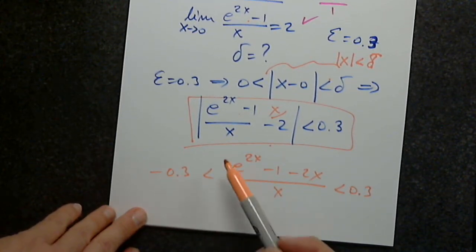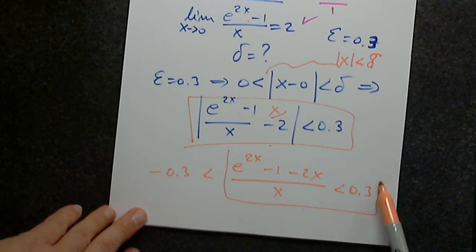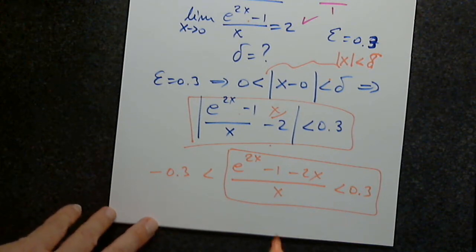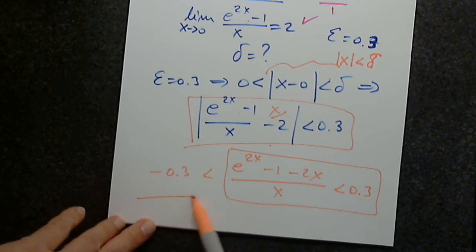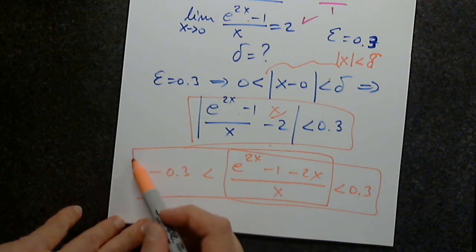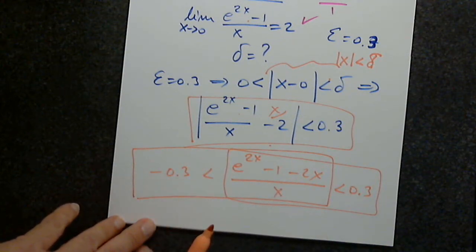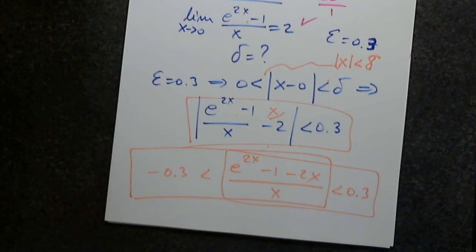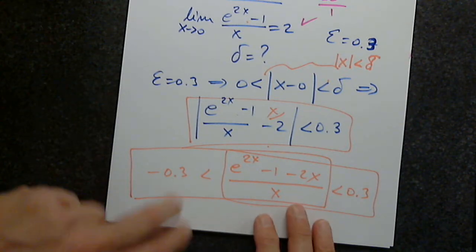And with a graphing calculator, I will try to solve this. It's an inequality, but first I'll have to solve the equation. With the graphing calculator, I will solve this equation first, and then find out delta. So there is no other way.